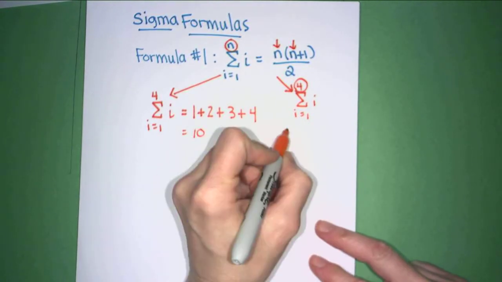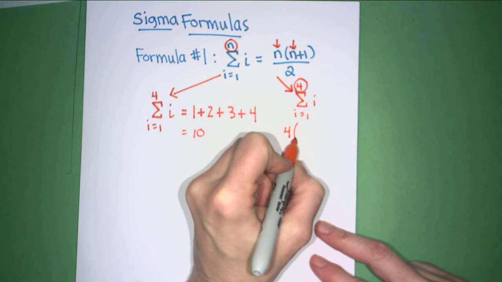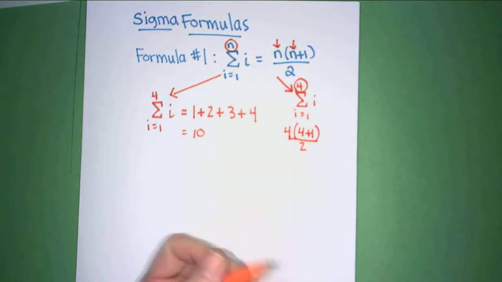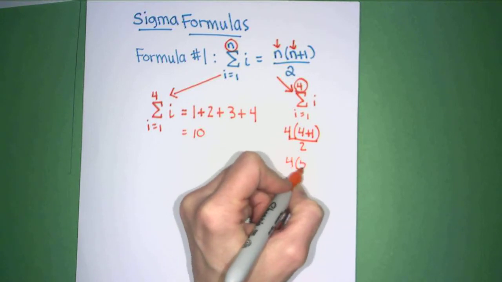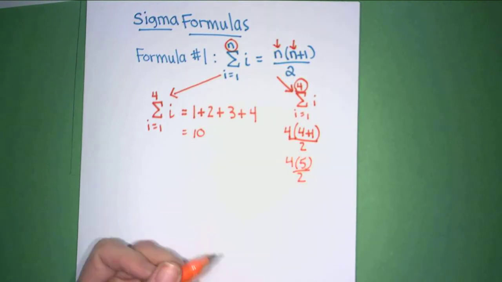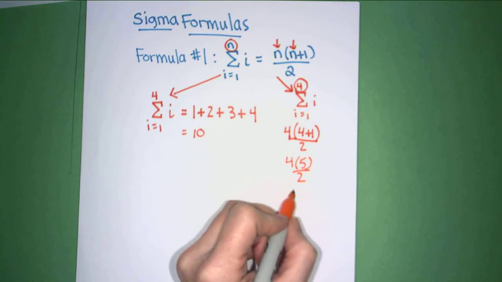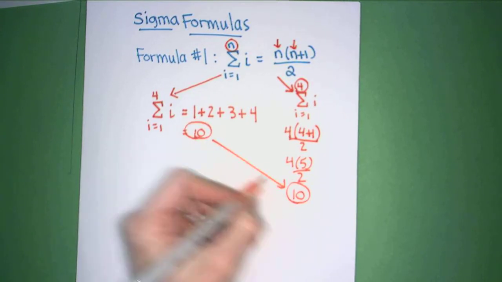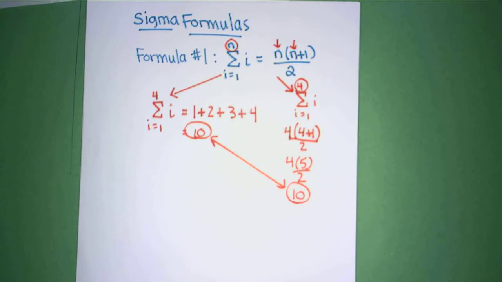So it'll look like this. 4 times 4 plus 1 all over 2, which is 4 times 5 all over 2, which is 20 divided by 2, or 10. So either way you do it, you're getting the same answer. So that's how it works.